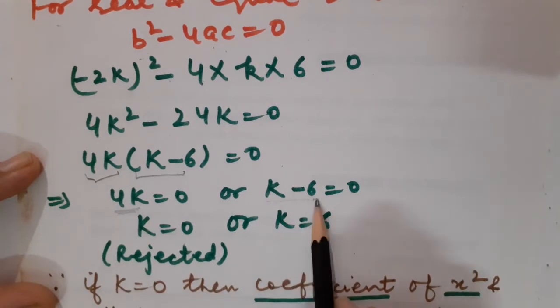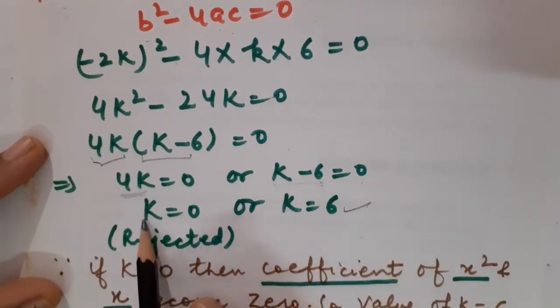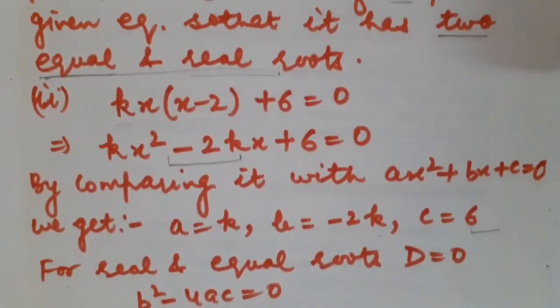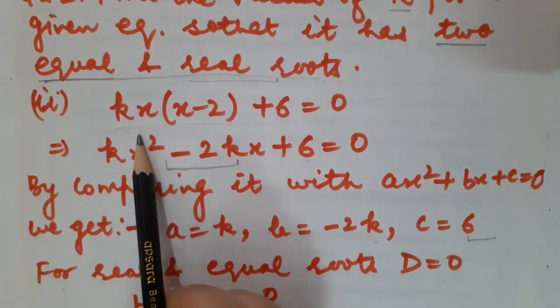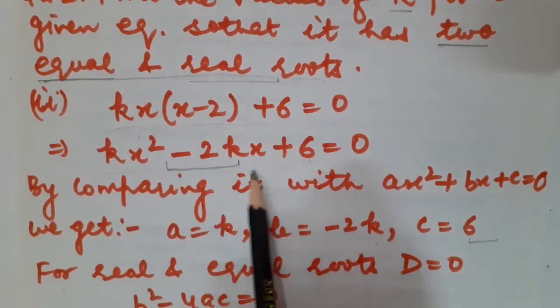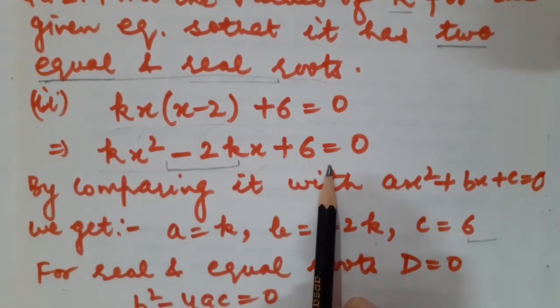And if I put k minus 6 is equal to 0, I will get k is equal to 6. But children, here k is equal to 0 will be considered a rejected value. There is a reason behind it. See, suppose k becomes 0, then this kx square will also become 0, and of course this 2kx will also become 0. So will it be a quadratic equation in that case?